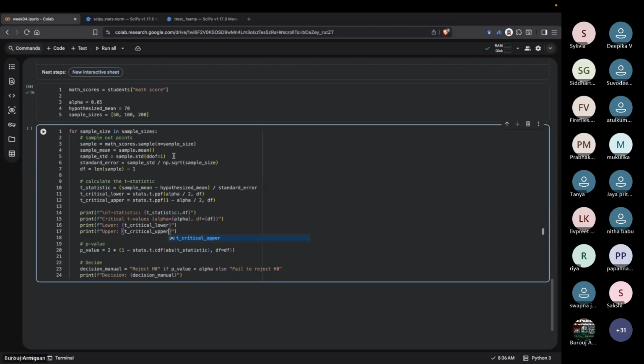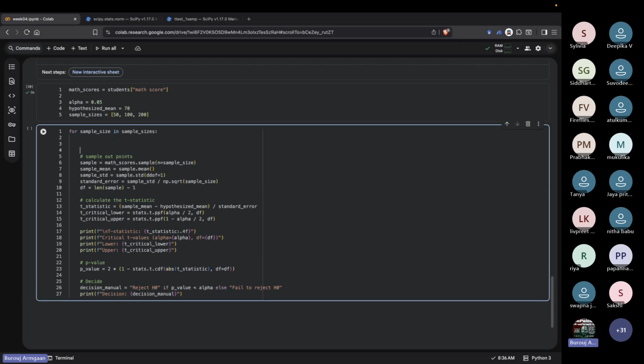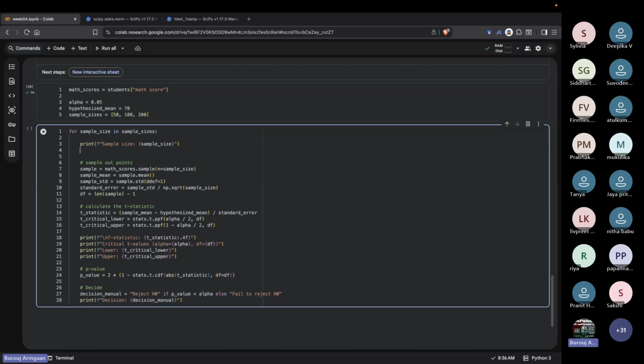And because we are working with different sample sizes, let us also print that. We can say our sample size was this much, and to add a bit of aesthetics, we can do this.